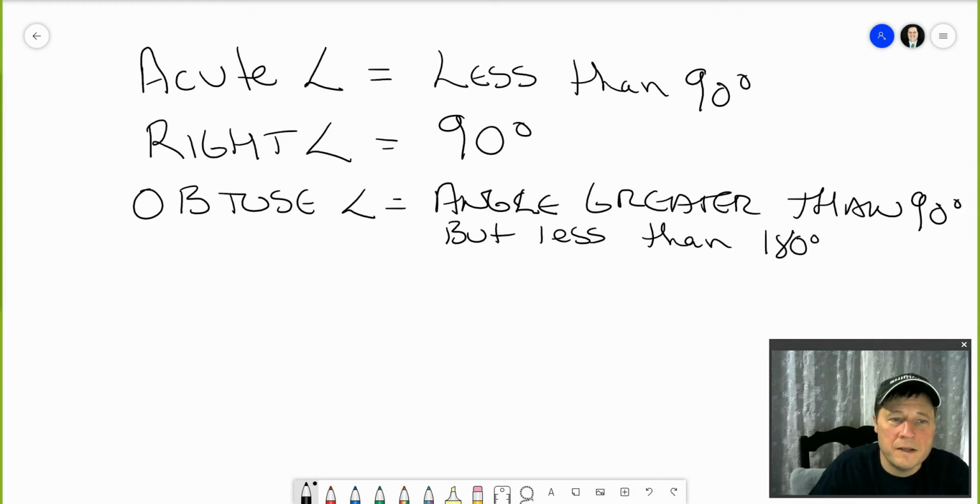So if you can remember that, greater than 90 but less than 180.